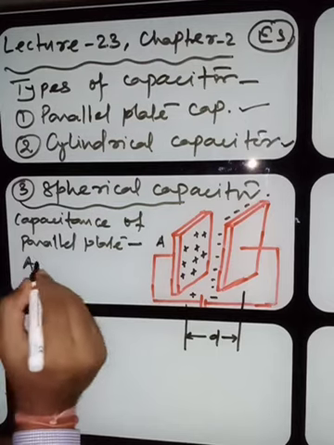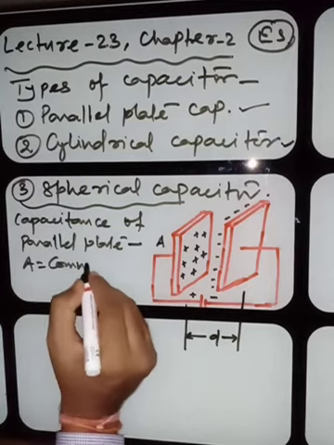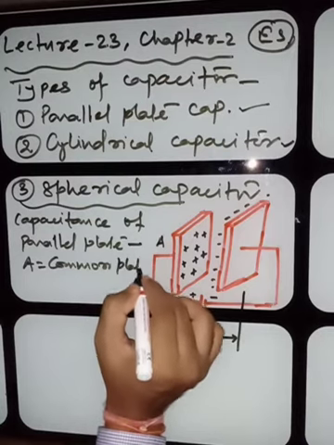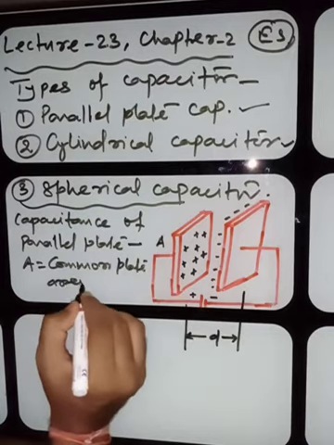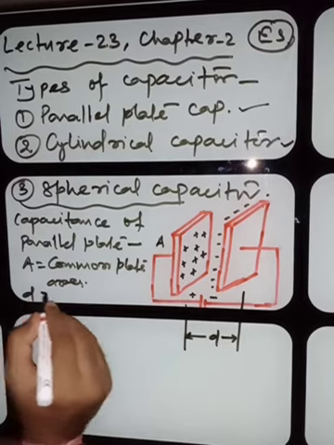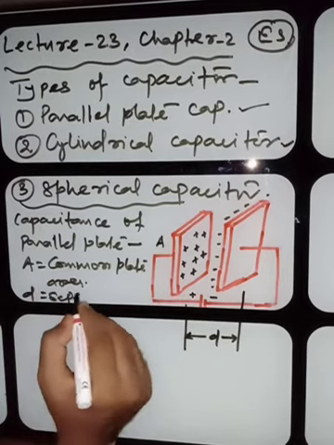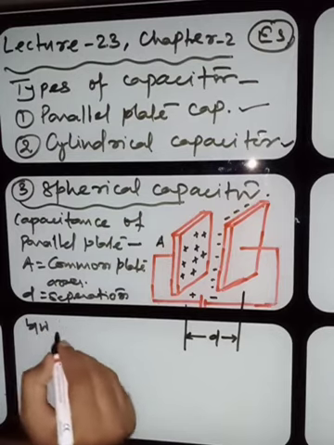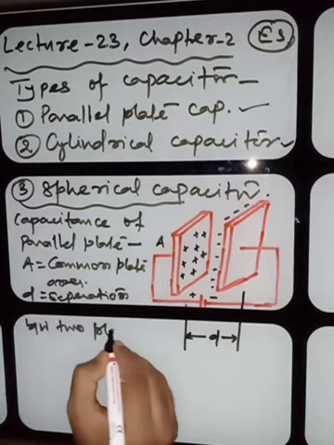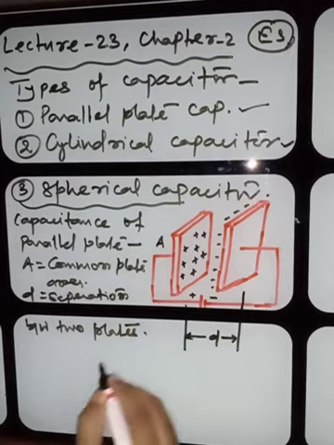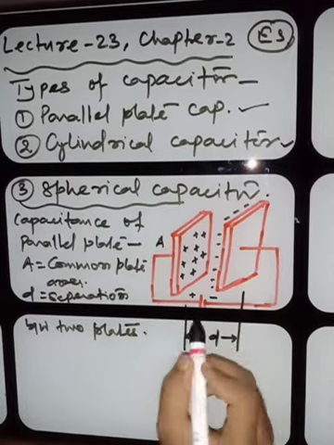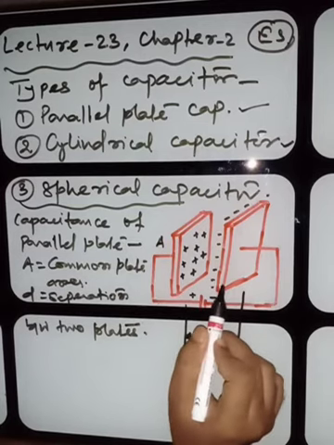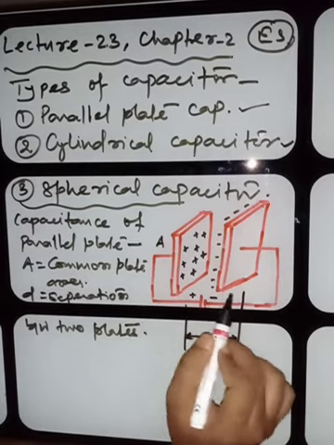Okay, A, common plate area. d, it is the separation between two plates. Okay, d, that is the separation between these two plates. It is the small d, we are representing with the small d.